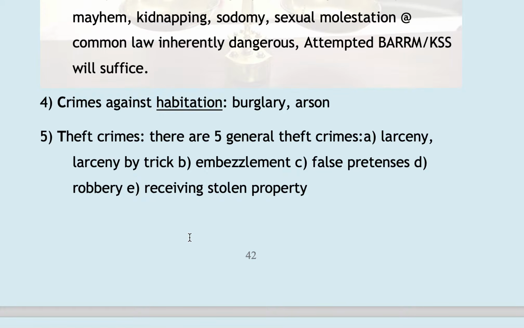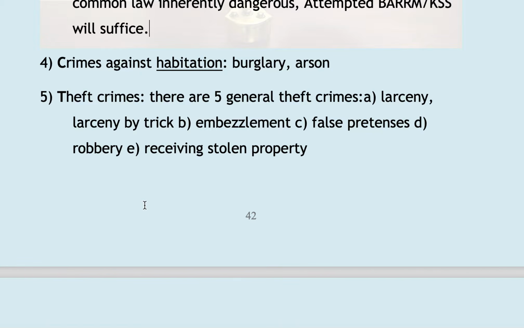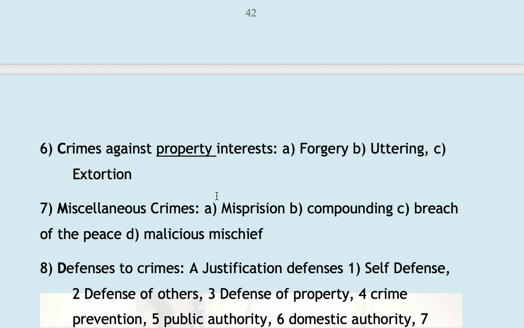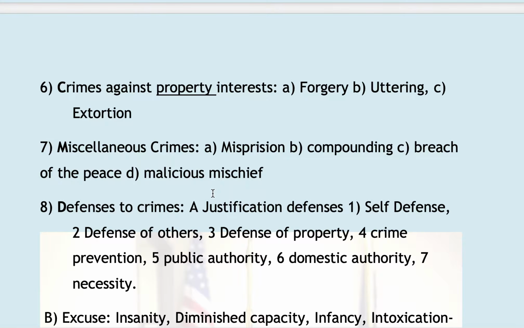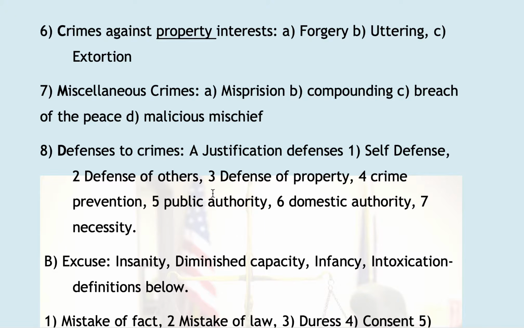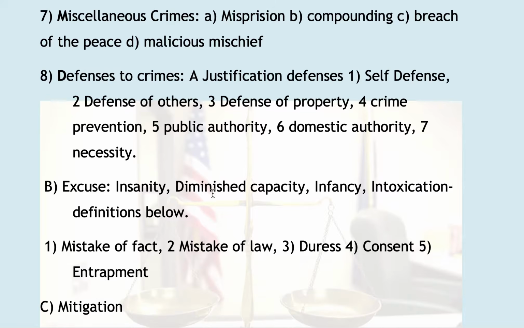Crimes against habitation: burglary, arson. Theft crimes. There's 5 general theft crimes: larceny, larceny by trick, embezzlement, false pretenses, robbery, and receiving stolen property. Crimes against property interests: forgery, uttering, extortion. Miscellaneous crimes: misprision, compounding, breach of the peace, malicious mischief.